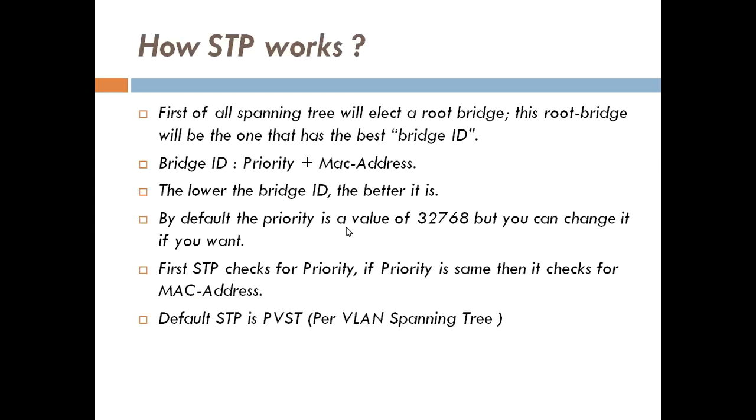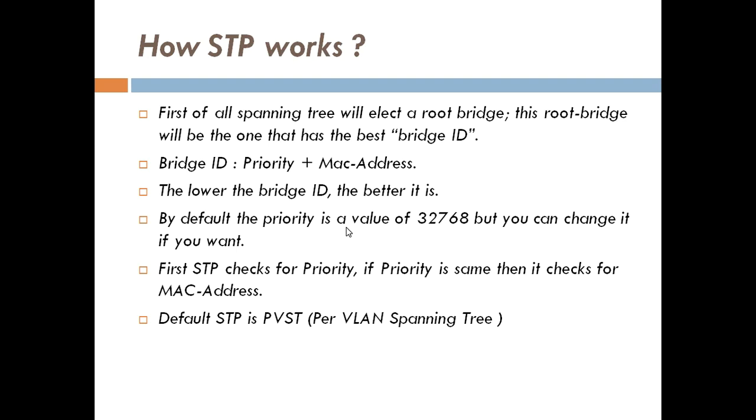How does STP work? As I said earlier, the spanning tree will first elect a root bridge. The root bridge is selected based on the bridge ID. What is the bridge ID? It is a combination of priority and MAC address. Initially, it will check the priority. If the priority is the same, then it will look into the MAC address. The lower the priority, the better, and in the same way the lower the MAC address, the better.